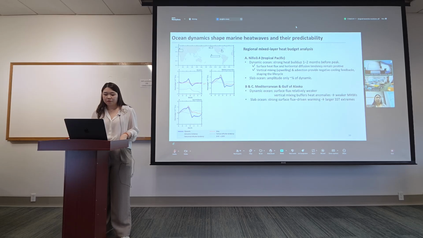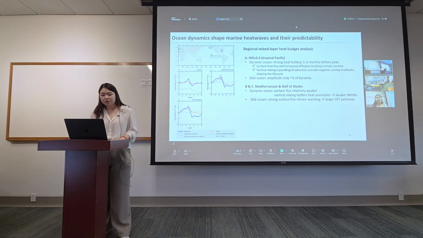Next, we'll look at the Mediterranean Sea and the Gulf of Alaska. These 2 regions have similar patterns of the heat budget terms, and both have experienced more than 2 very strong marine heat wave events in the past few decades. Marine heat waves are weaker in the dynamic ocean in these regions.